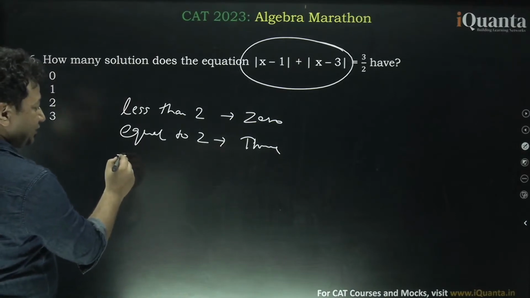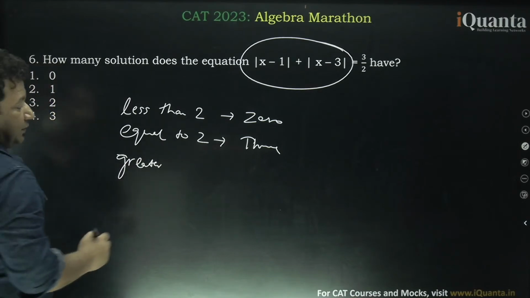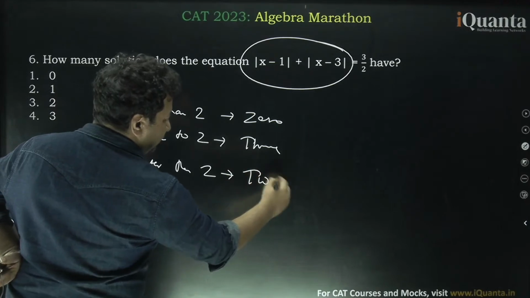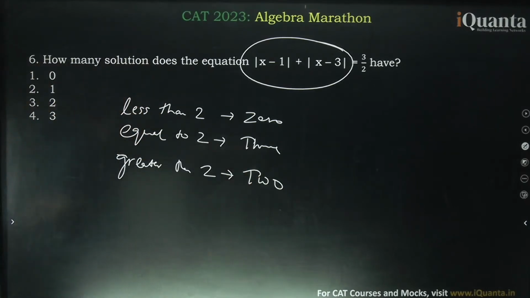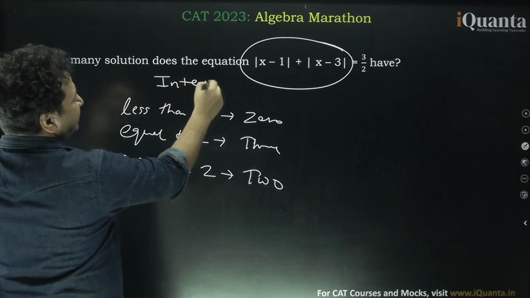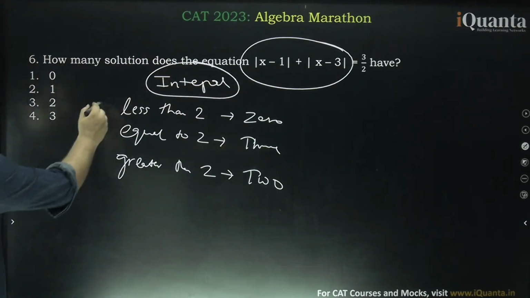If it talks about greater than 2, there will be 2 solutions. Is that clear, all of you? Integral solutions, integral. Of course integral, बाकी तो infinite हो जाएंगे ना. Clear? So there are 3 variants to this question.